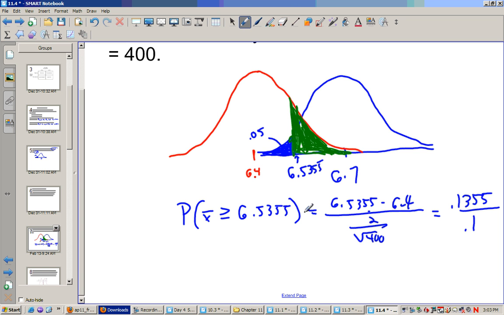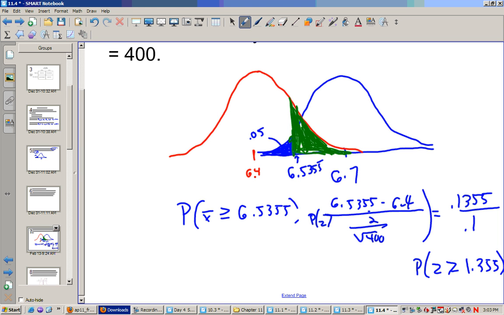So now what I'm looking for here, these are my z-scores. I should be saying probability that my z is greater than 1.355.